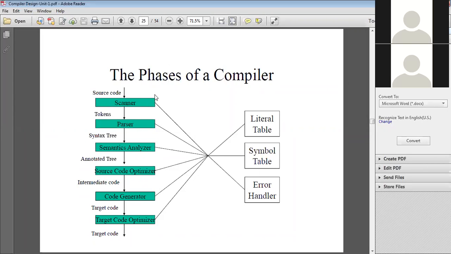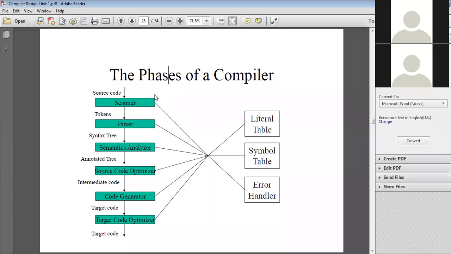It will scan your program and break your source string into a number of tokens. Considering the example A equal to B plus C, the different tokens are A, then the equal sign, then B, then the plus sign, then C. These are called the different tokens, and they go into the parser.